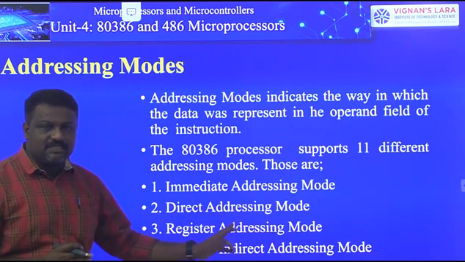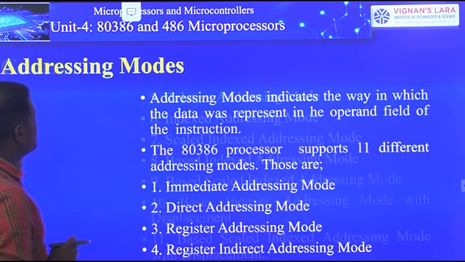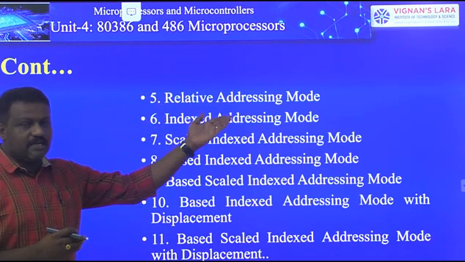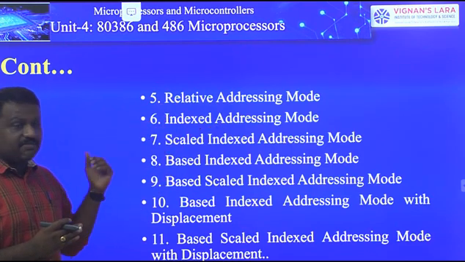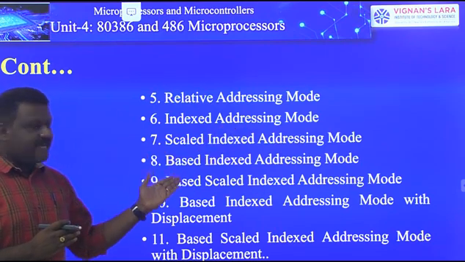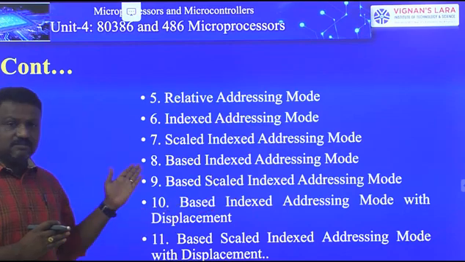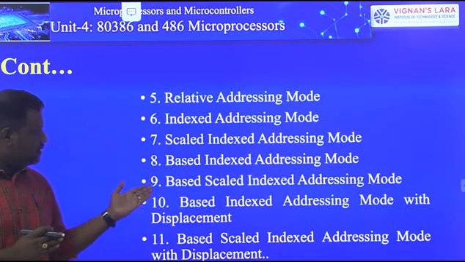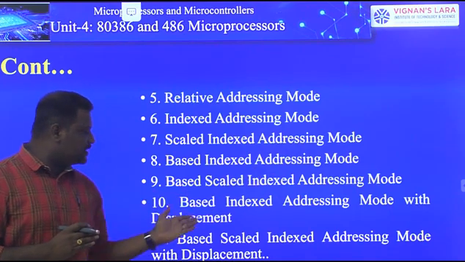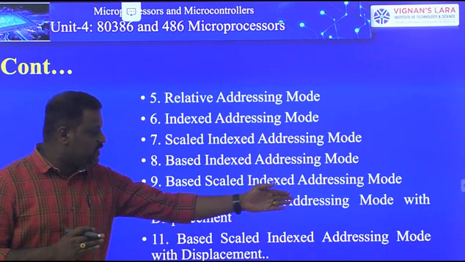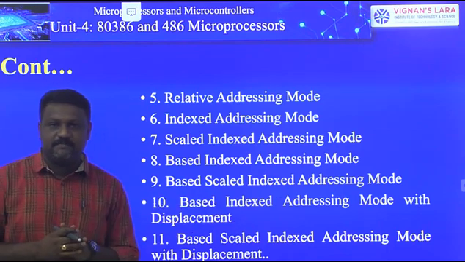Number 4, register indirect addressing mode. Number 5, relative addressing mode. Number 6, indexed addressing mode. Number 7, scaled indexed addressing mode. 8, base indexed addressing mode. 9, base scaled indexed addressing mode. 10, base indexed addressing mode with displacement. And 11, base scaled indexed addressing mode with displacement.